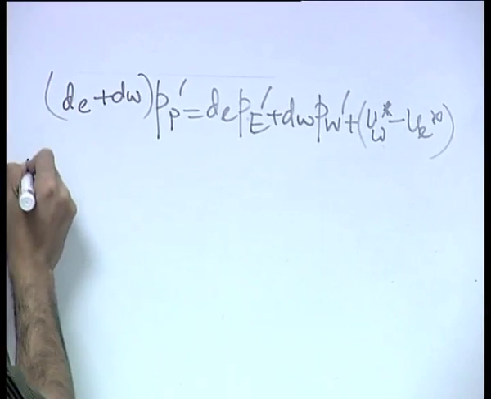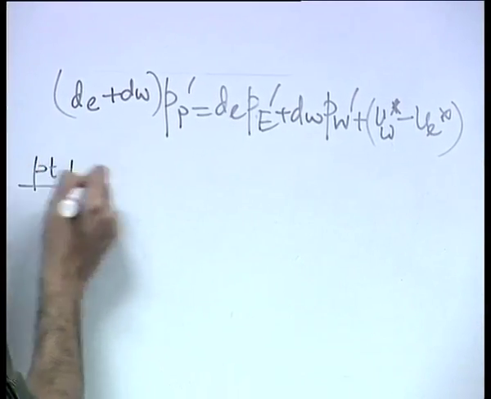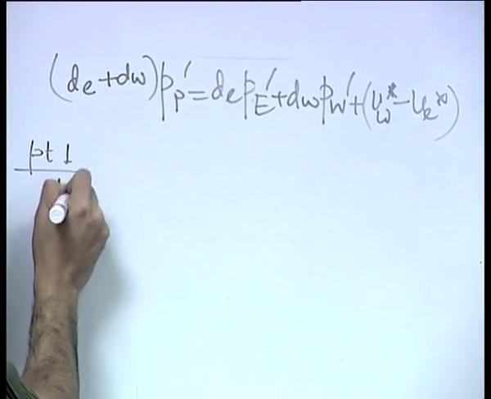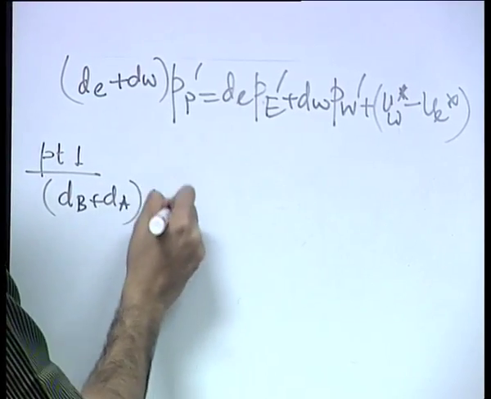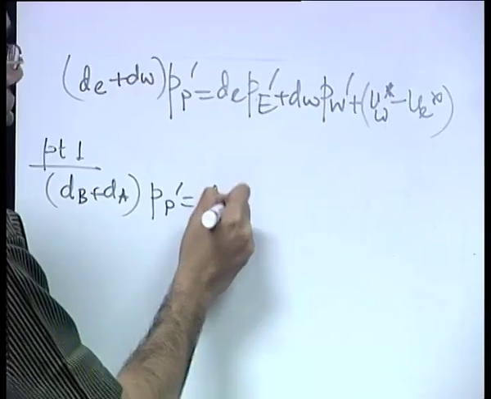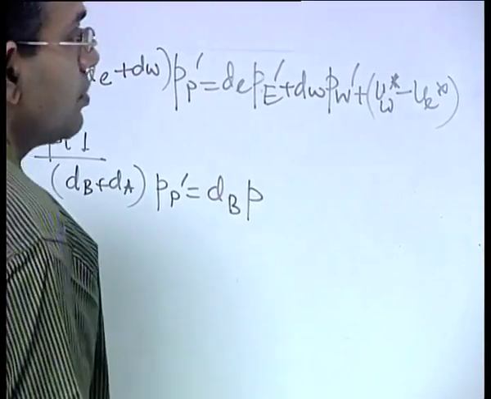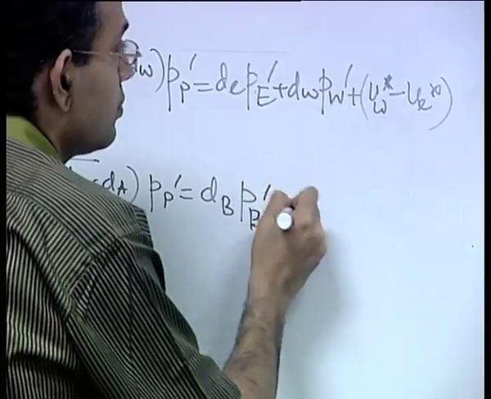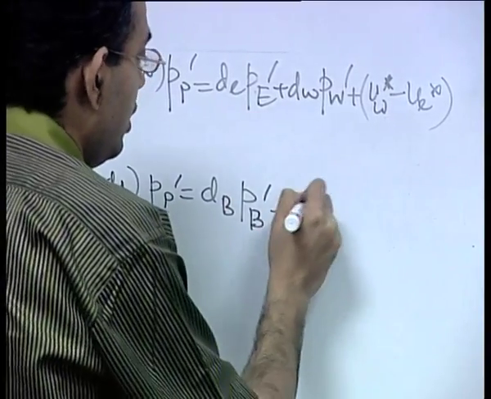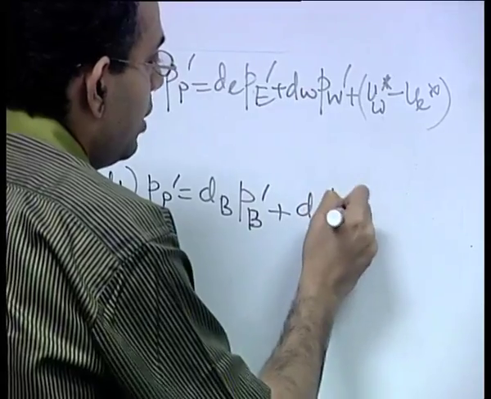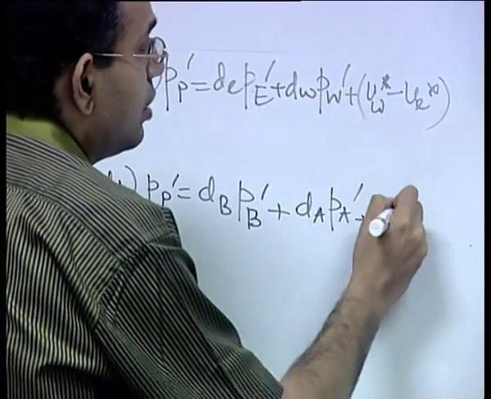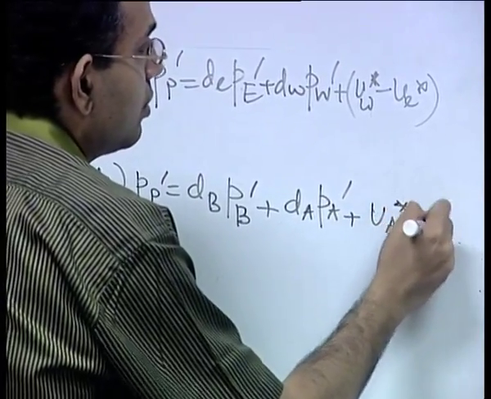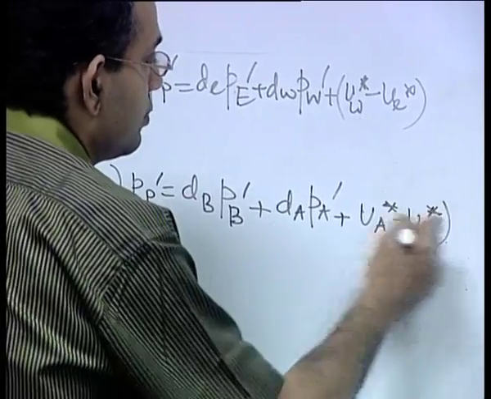So, you can write for point 1, dB plus dA into pp prime is equal to dB pb prime plus dA pa prime plus ua star minus ub star.